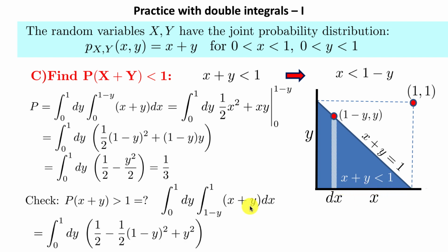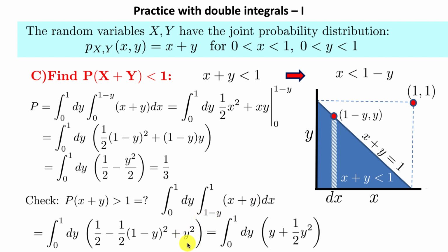Again, as before, the integral of x dx gives you x squared over 2. Evaluated between the limits 1 and 1 minus y, that's half minus half 1 minus y squared, which comes from this lower limit. And for this term, we will get y into x, where x goes from 1 minus y to 1. So the integral gives you y. That multiplied by this y gives you y squared.